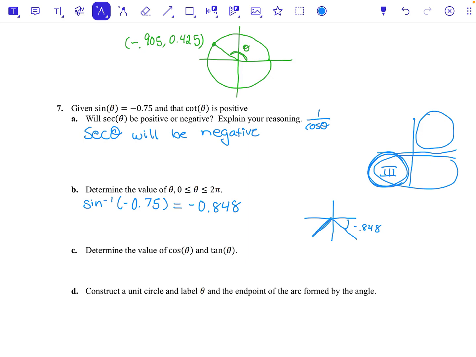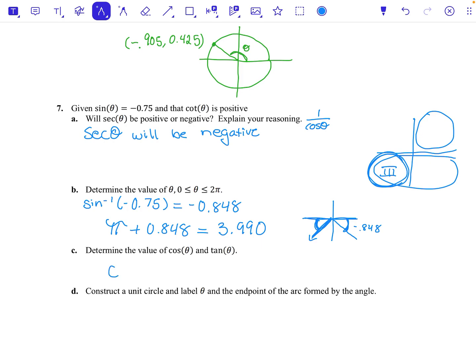Now remember, that measure right here should match the angle between our horizontal axis and the terminal ray. And so if I do pi plus 0.848, I'm going to wind up with my correct angle measure, which rounds to about 3.990. Next, we're just putting in our angle.